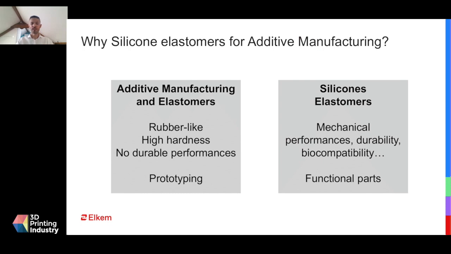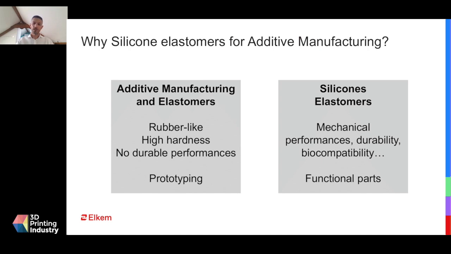It's more or less like a rubber, with relatively high hardness, at least from 70 Shore A. And this kind of technology shows no really durable performances, especially when faced with high temperature. So in consequence, this technology is mainly used today to print prototype soft parts.